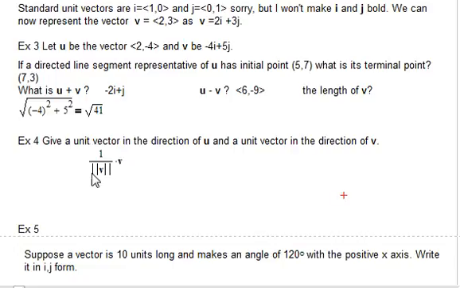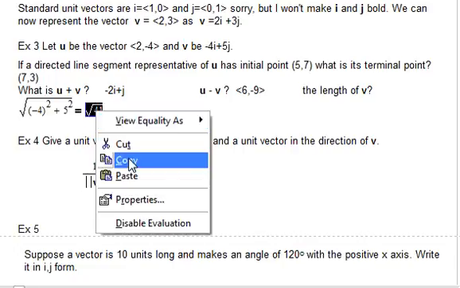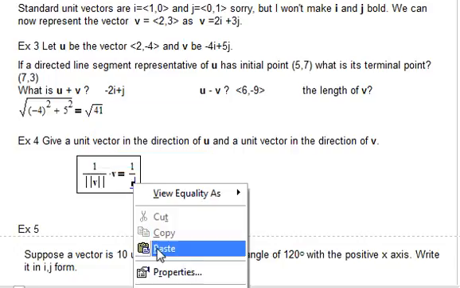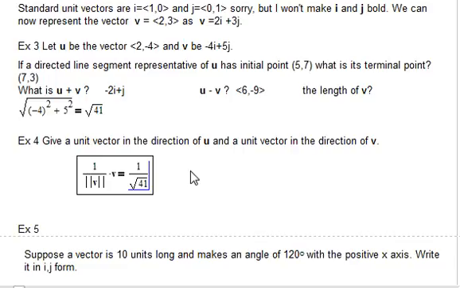And so that's pretty easily deciphered. It's just going to be 1 divided by the square root of 41, and then that is multiplied by our v vector, which is negative 4i plus 5j.